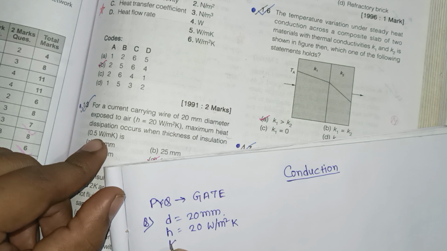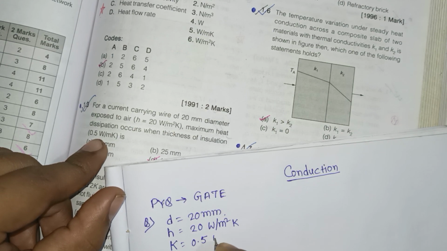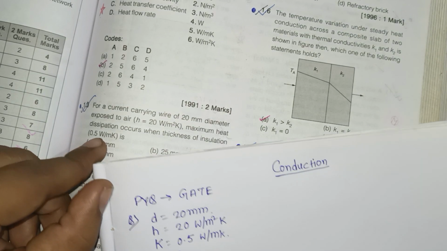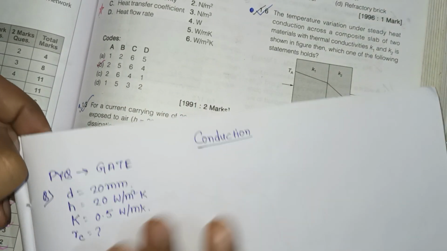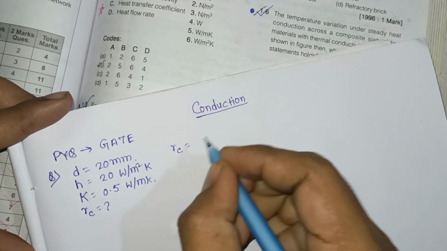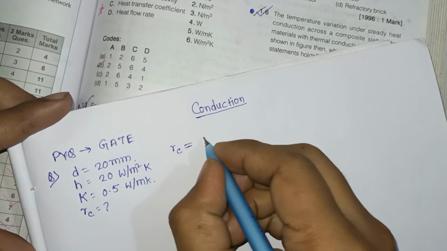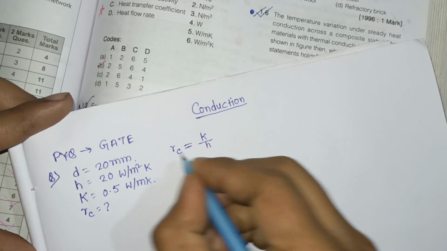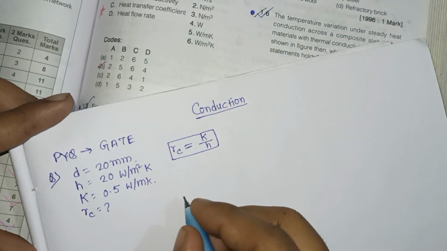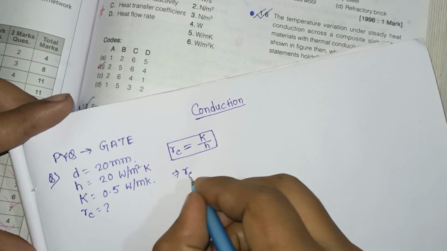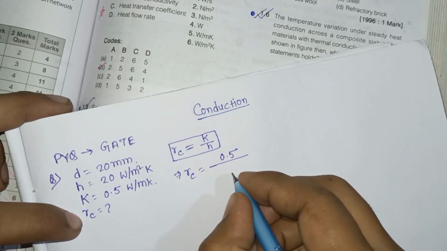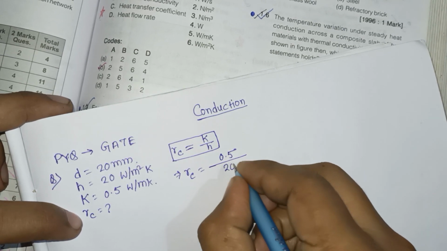What else is given in this question? K is 0.5 watt per meter Kelvin. You have to find the critical radius of insulation. The critical radius RC has a formula here, that is K upon H. So RC equals K, 0.5, divided by H, 20.